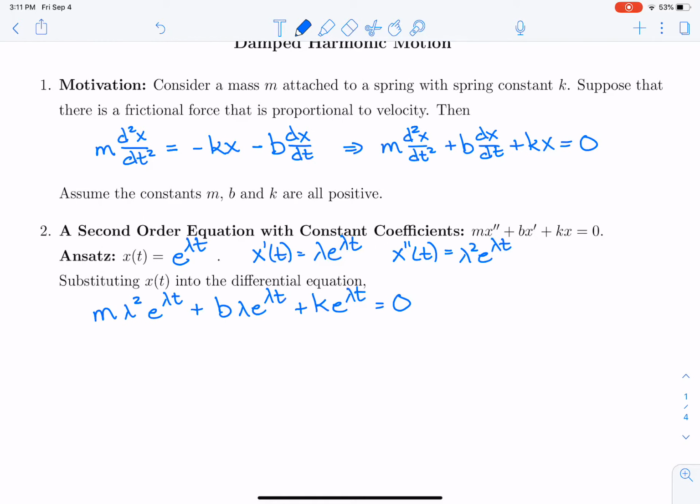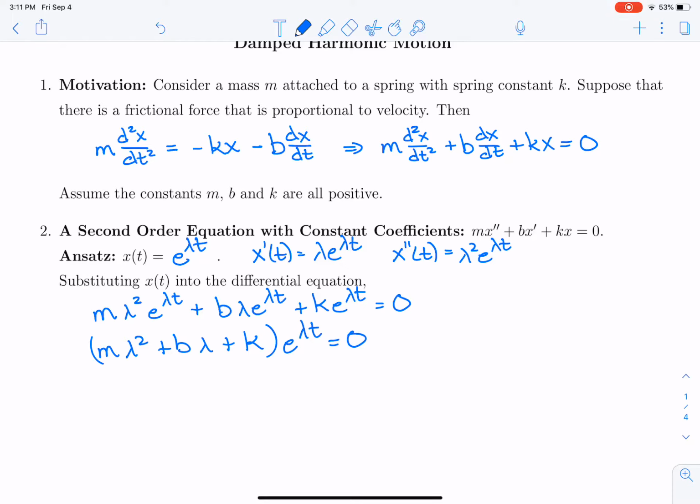And then what we're going to do is factor out the e to the lambda t so that m lambda squared plus b lambda plus k, say, times e to the lambda t is equal to 0.